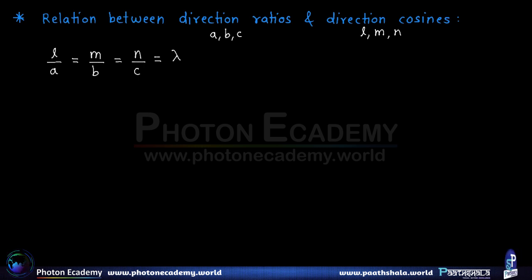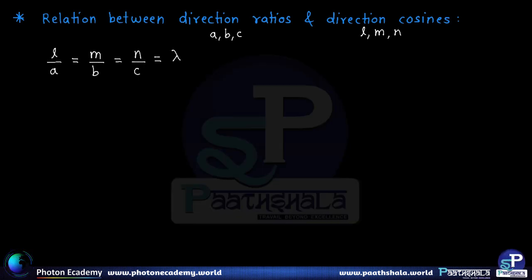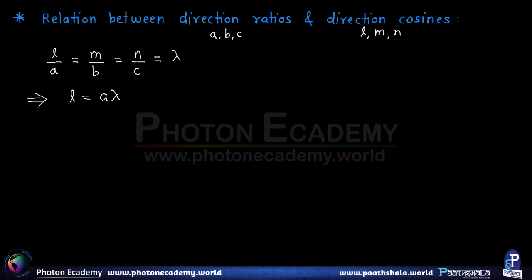Now we have to find a method to convert A, B, C into L, M, N. From this, can we say that L is equal to A lambda, because we can do the cross multiplication. So L is equal to A lambda. Similarly, M is equal to B lambda and N is equal to C lambda.